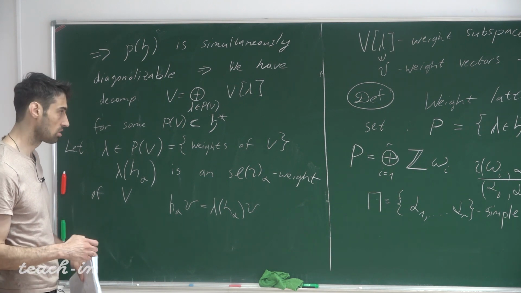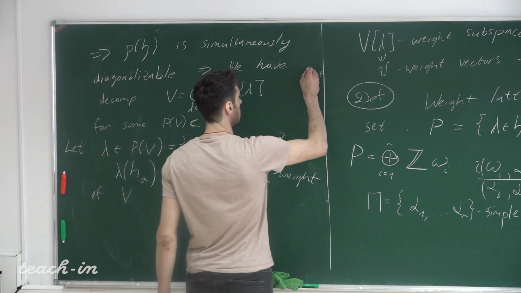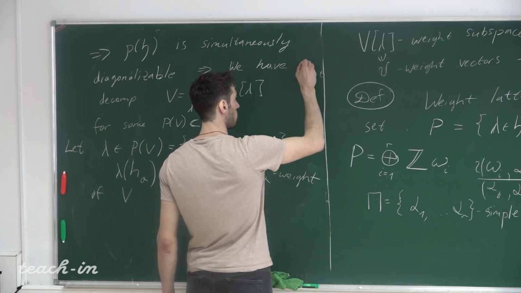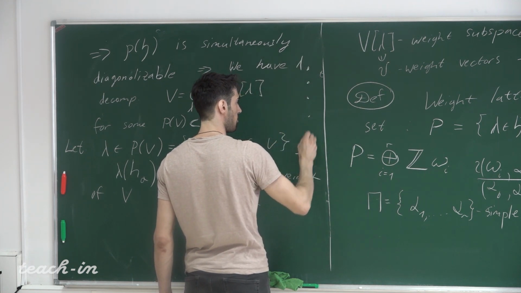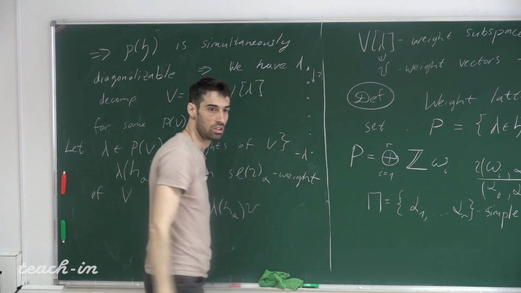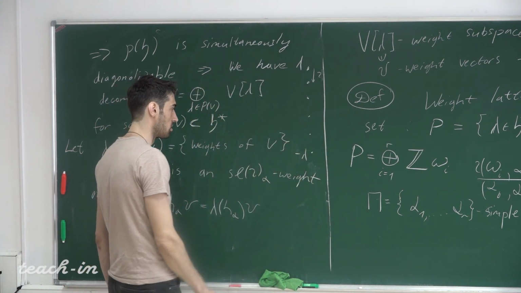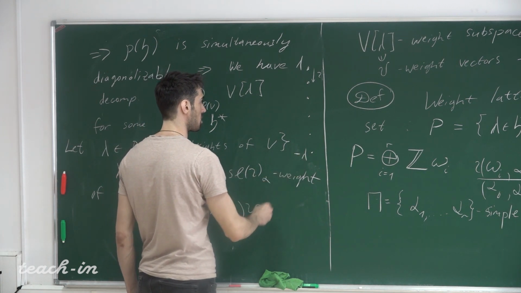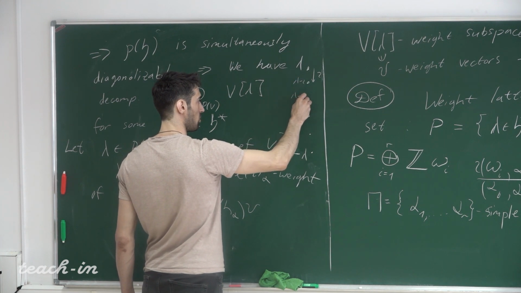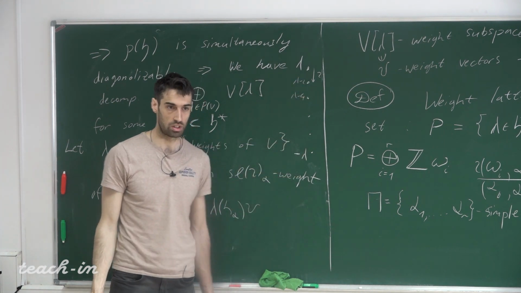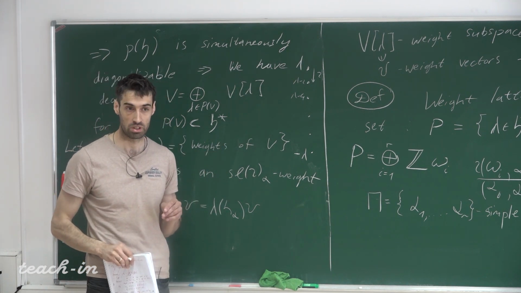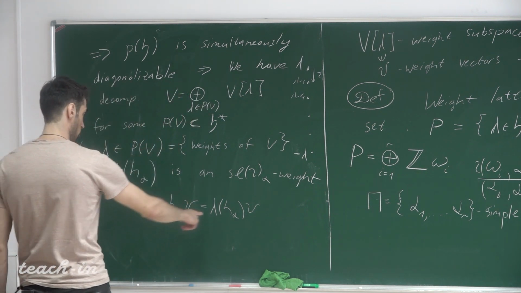It's always this picture to keep in mind: you start with some highest weight lambda, and you go down to negative lambda by steps of 2. So lambda, lambda minus 2, lambda minus 4, and so on should all be integers. That's how the representation theory of SL2 works. And therefore this is an integer.